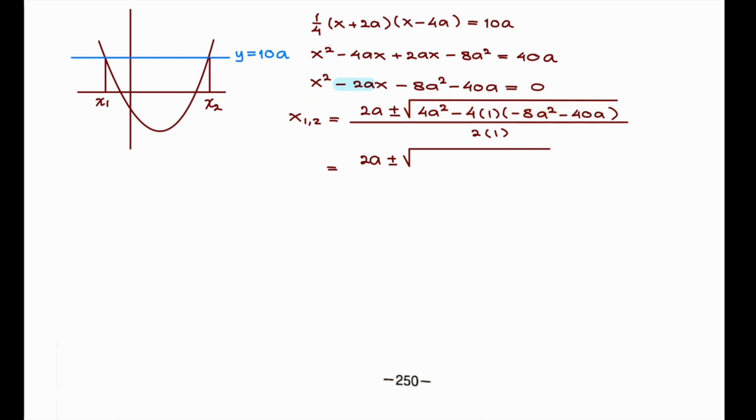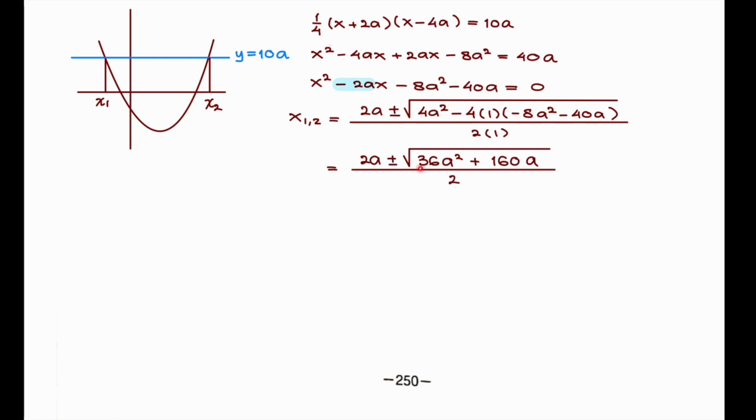You will obtain 32a squared. 32a squared plus 4a squared, you will obtain 36a squared, and then negative 4 times negative 40a, you will obtain plus 160a over 2.